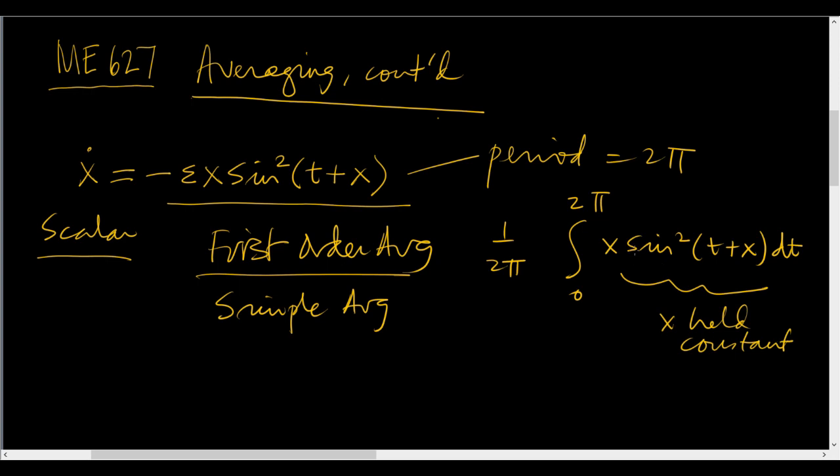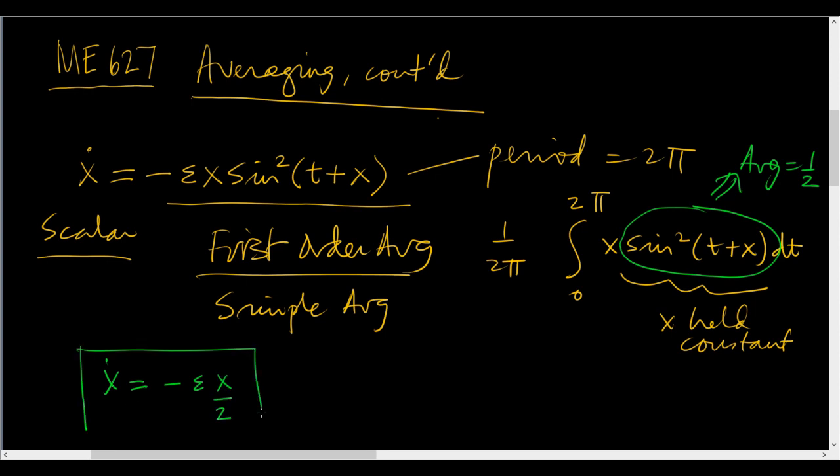So this part is easy, right? Because the x is a constant, the average of this is just half. And so we get x dot equals minus epsilon x by 2 as the averaged equation. Very good.